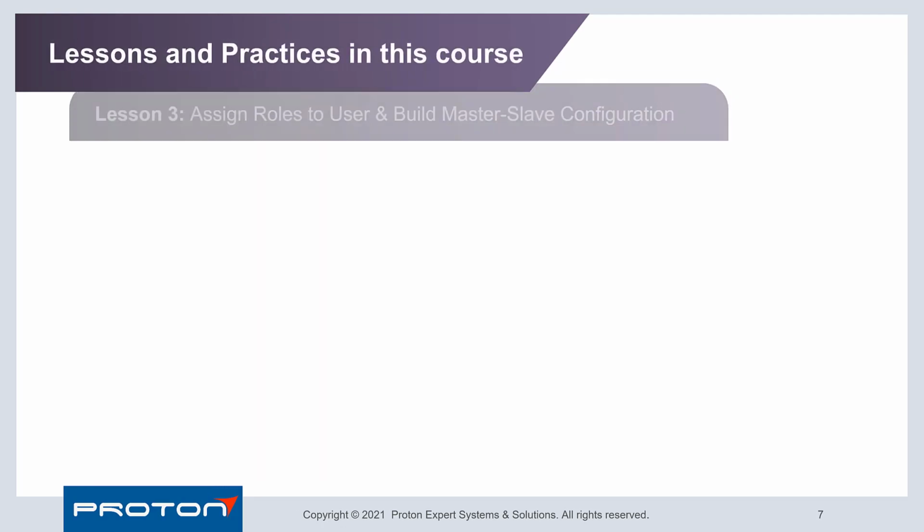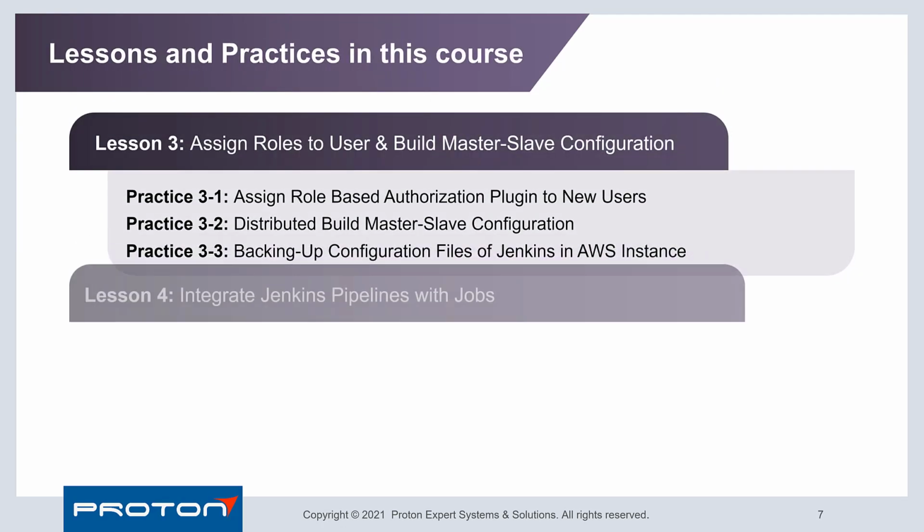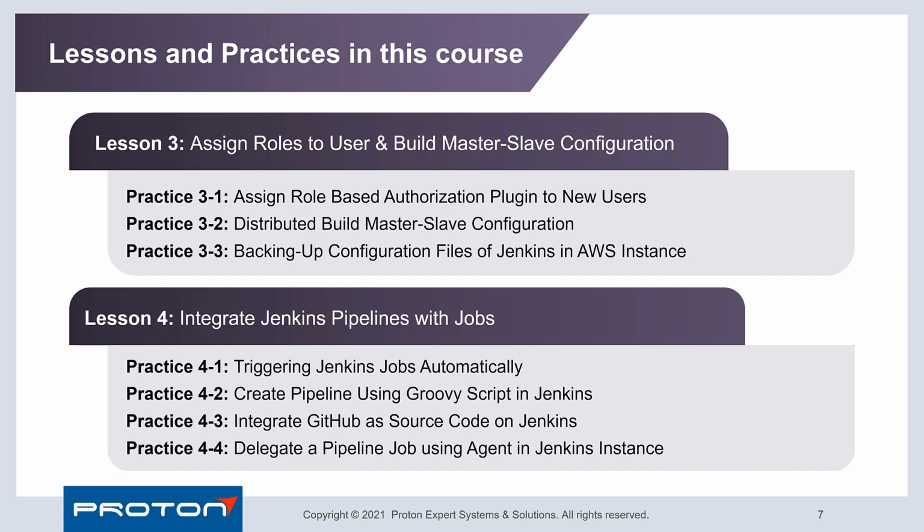Lesson 3, that is assigning roles to user and build master slave configuration. The practices for lesson 3 would have you to learn about assigning role based authorization plugin to new users, distributed build master slave configurations, and backing up configuration files on Jenkins in AWS instance.